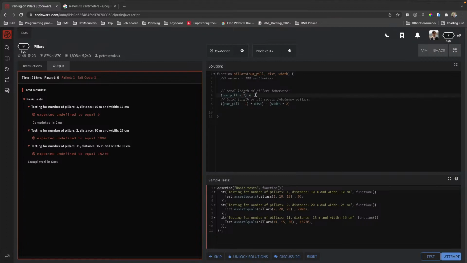Now, the reason this should fail is because number of pillars might be 1, right? So we gotta watch for that. So this should fail. -21.